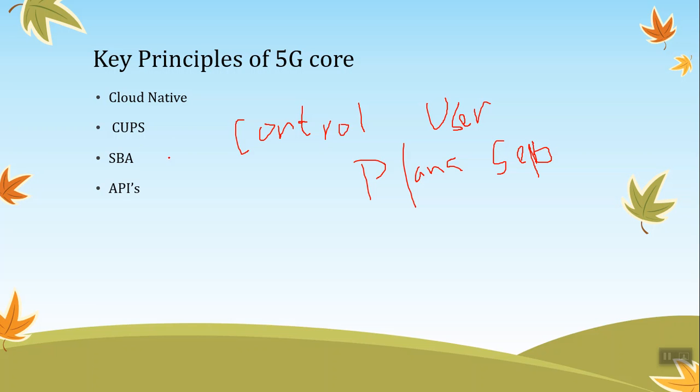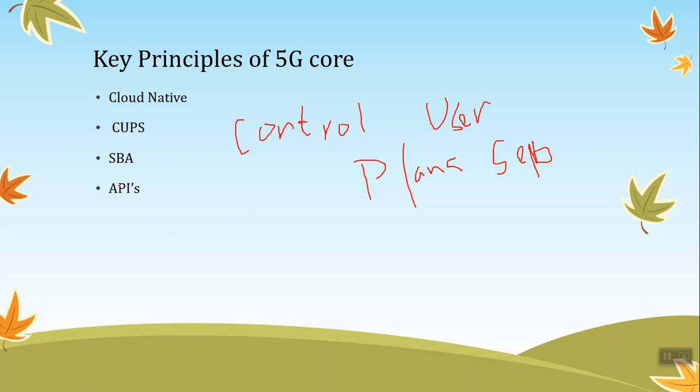Third thing is SBA, service-based architecture. It means everything in the 5G core is treated as a service. We have to use these services to realize the functions of the core network.